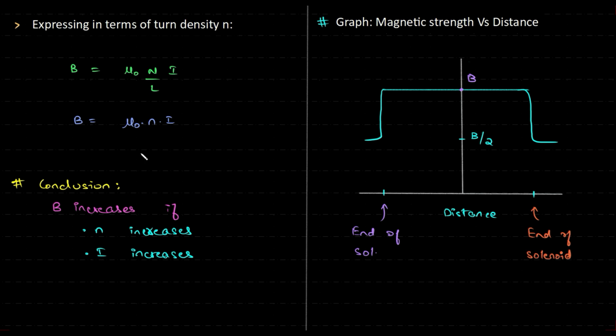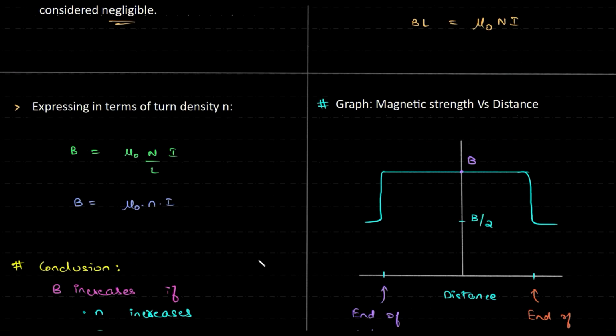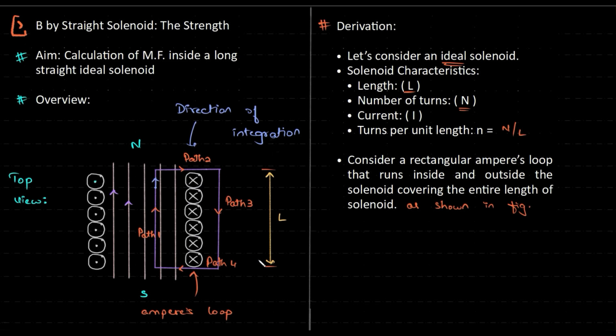If not, from here till here is your derivation. So what is it that we are doing? We are looking at the solenoid's magnetic strength inside. We're taking up an ideal solenoid. So inside it, magnetic fields are running. Outside it's not. Next, we are making use of Ampere's circuital law. For that, we need to consider Ampere's loop. We have to consider the direction of integration in such a way that it will give us the entire integration with no hindrance.